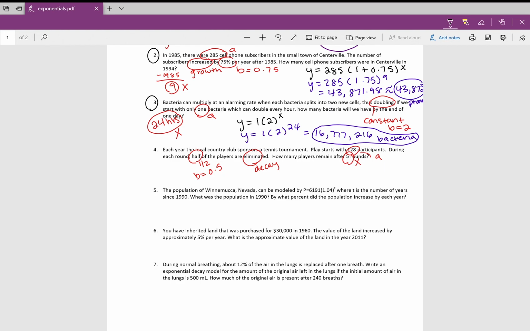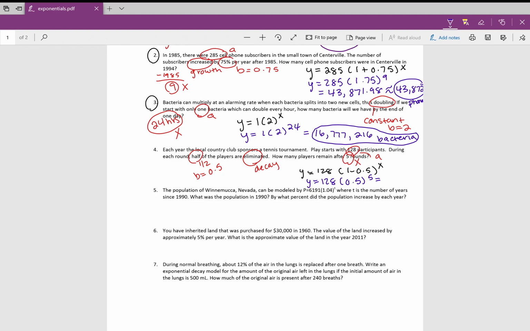Okay, so since this is a decay, this is going to be 1 minus. So we have y is equal to a, which is 128, parentheses 1 minus 0.5, to the power of x. And then when I plug in x, we're going to get y equals 128 times 1 minus 0.5, which is 0.5, to the power of 5.